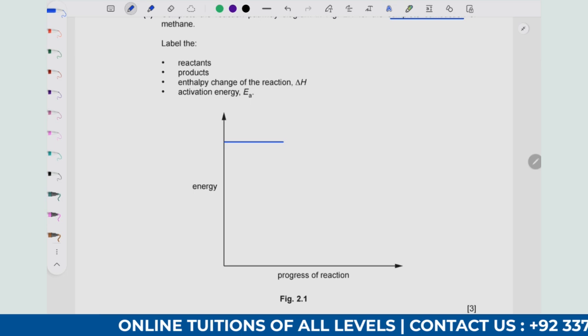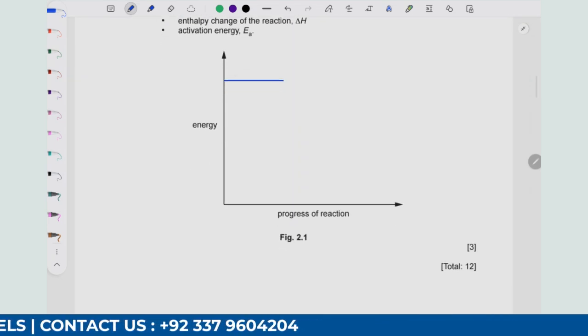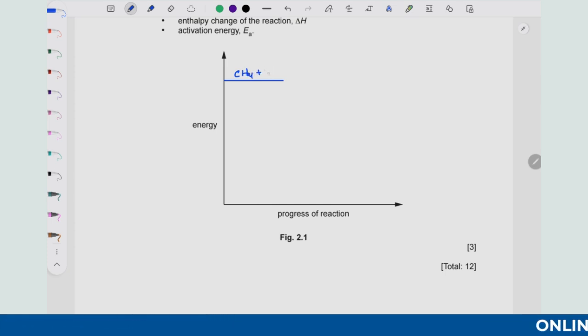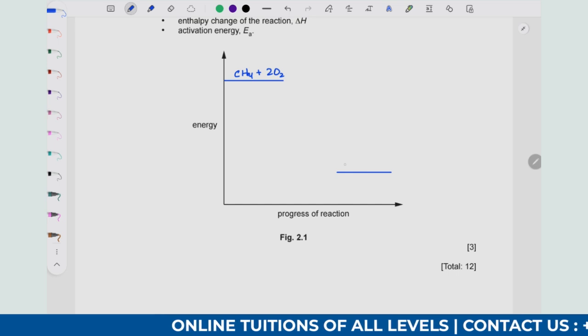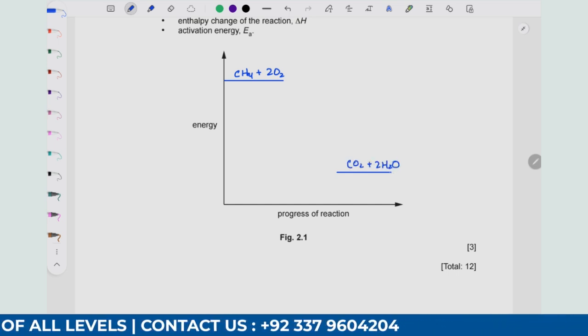So over here will be our reactants, which were CH4 plus 2O2, and our products will be at a lower energy level, which will be carbon dioxide plus 2H2O.